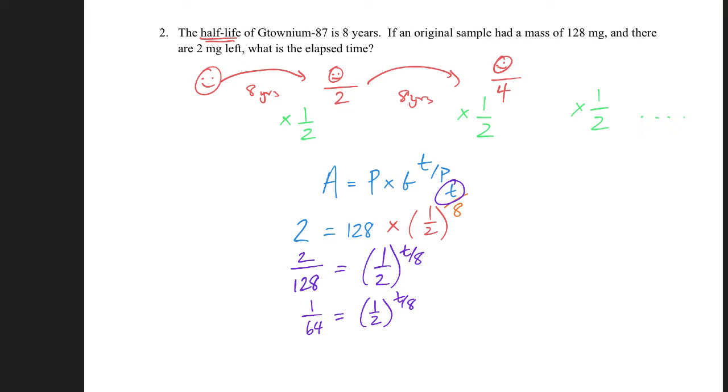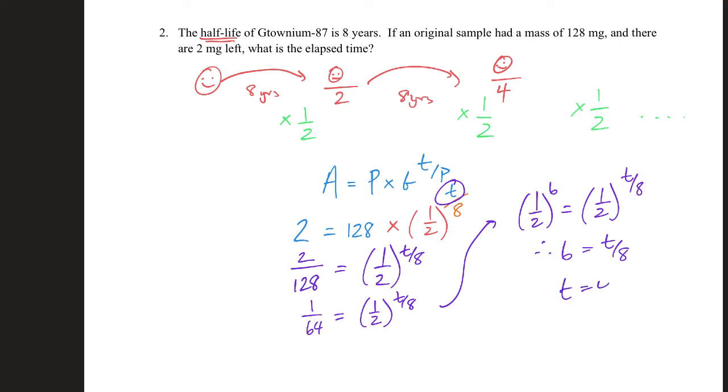The best way to solve an exponential equation is to get a power equal to a power, base the same, and I can now write 1/64th as a power with base 1/2, because I recognize that 64 is 2 to the 6th. Now that I have my power equal to a power, base the same, I can say, therefore, my exponents are equal, and now I can isolate for t and multiply out my 8.